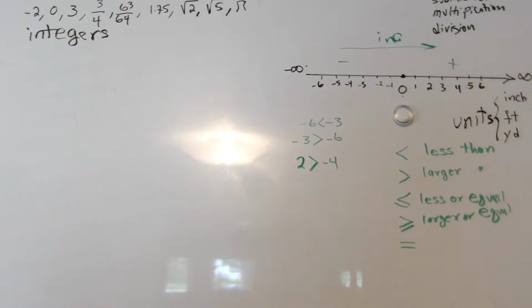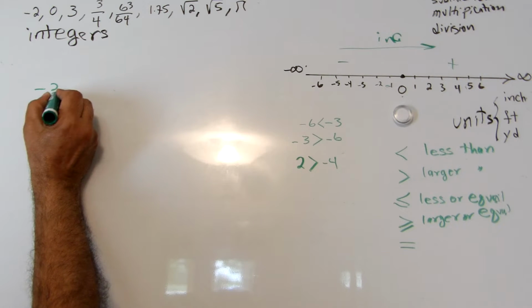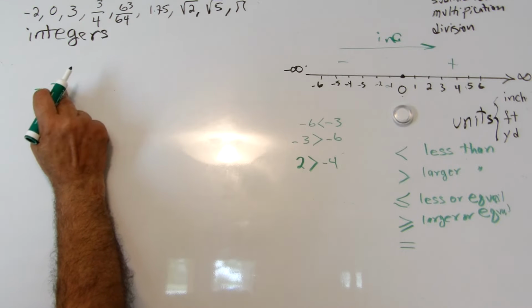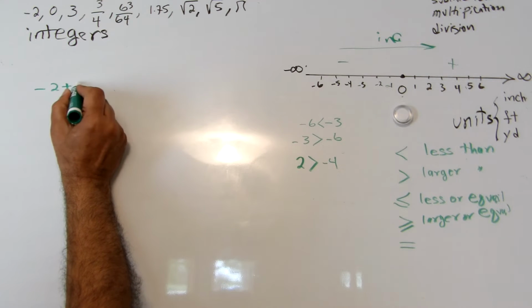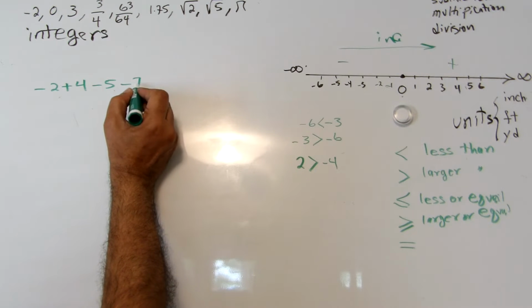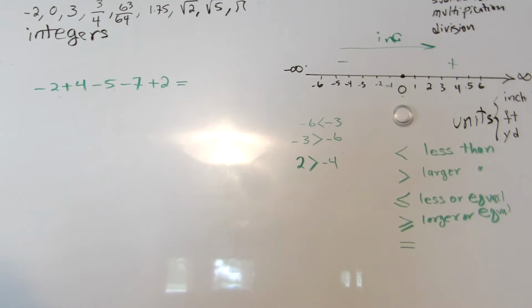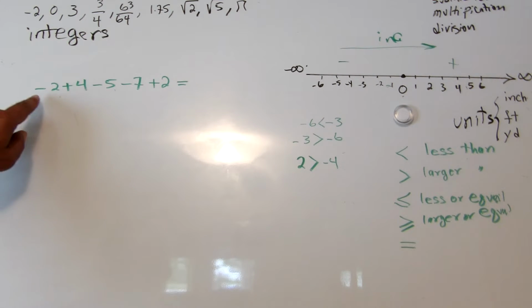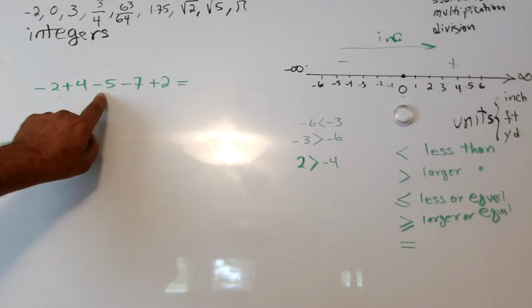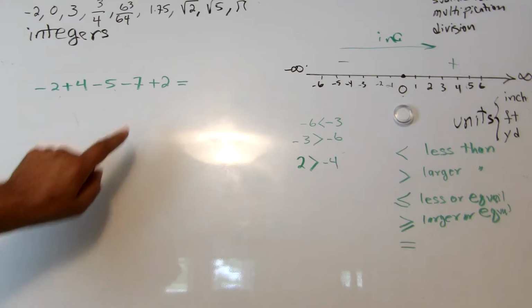So okay, we talk about the addition of the integers. Like we have -2 plus 4 minus 5 minus 7 plus 2. The result is going to be, see, -2 and -5 is -7, minus 7 plus -7 is -14.